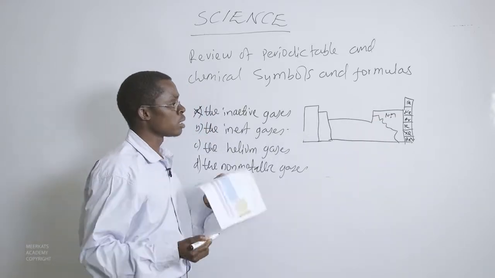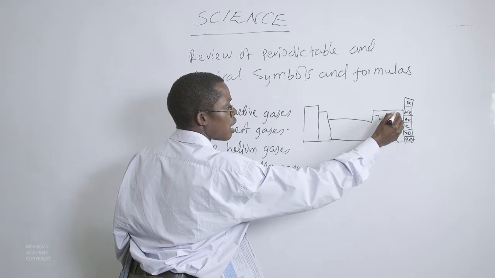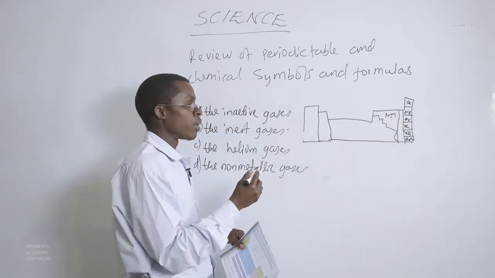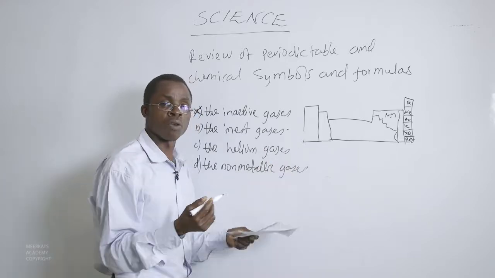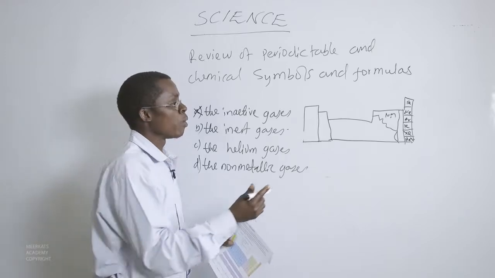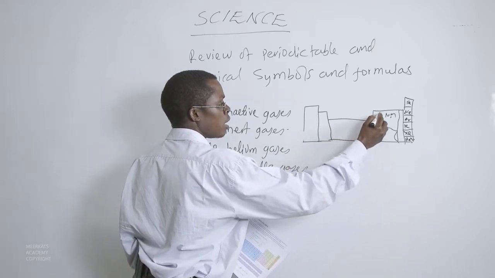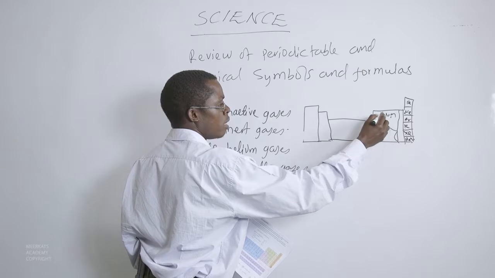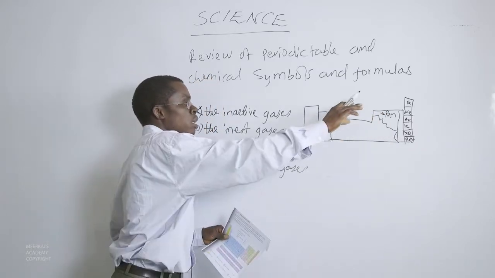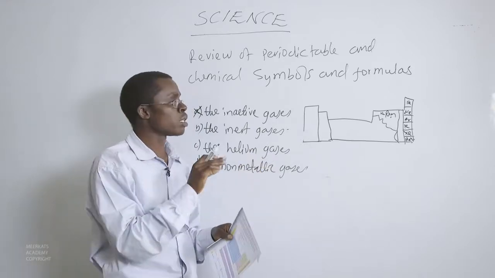A good example is what we shall find at this point, and this is the halogens. We have chlorine gas, we have fluorine gas. Are they in the same category? No. We also have gases like nitrogen gas, which will be found here. We shall also find oxygen gas, which is found there. Do they exist in the same category or in the same group?